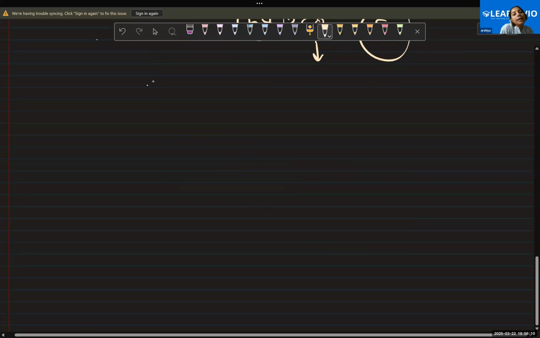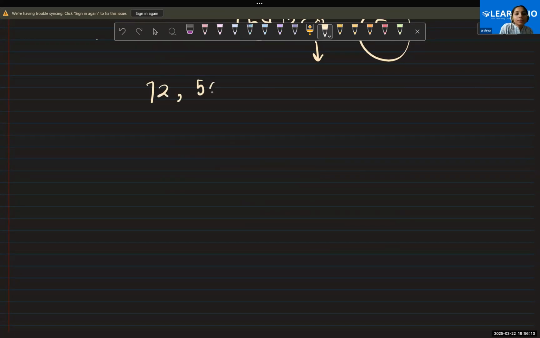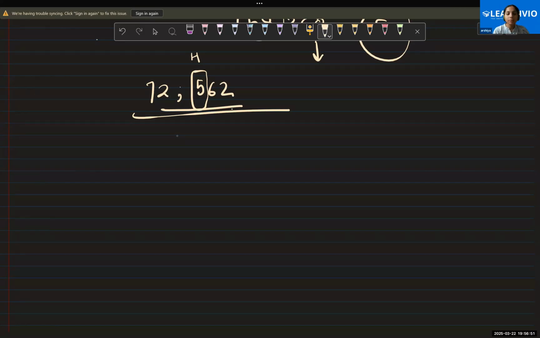If I write it like this, will you be able to understand it? First of all, can you tell the place value of 5? Hundreds. Correct. Because there is a comma here, you can also understand that right after the comma you'll have hundreds. Now how will you say this number in words? 72,562.